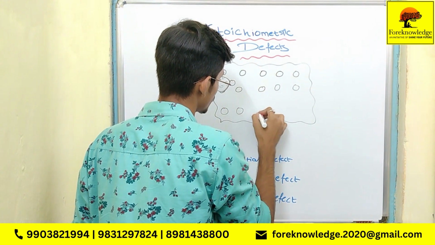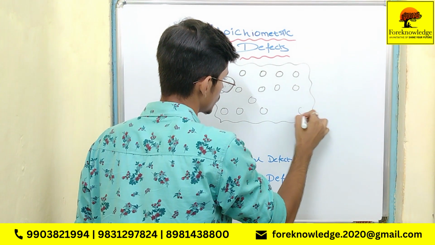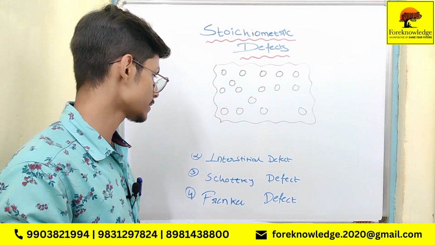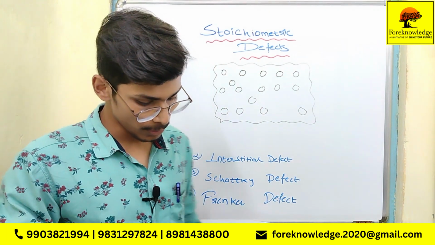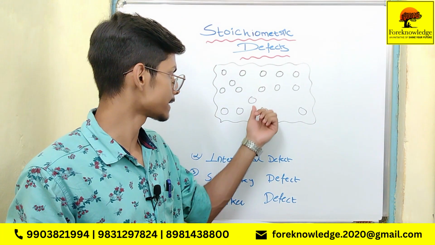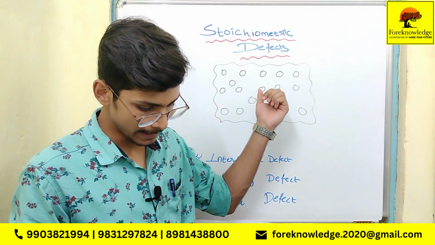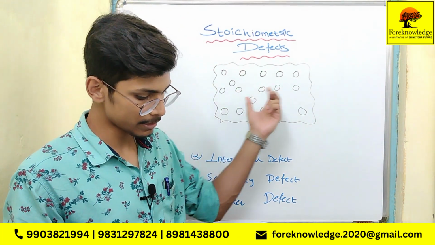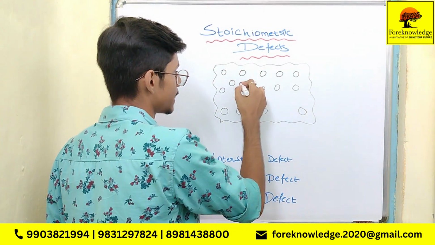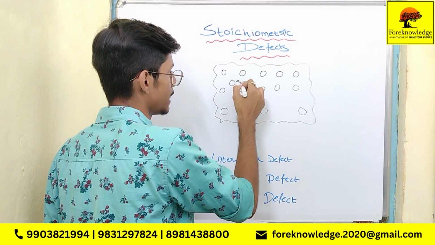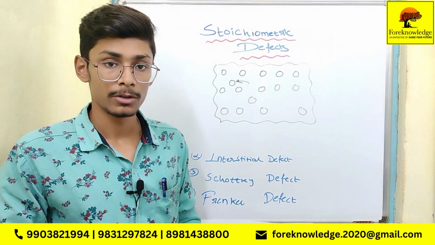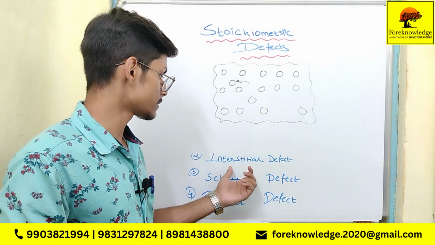Okay. Now, what is interstitial defect? So basically, this occurs when a lattice space gets occupied in an interstitial state. That means it leaves and gets inside in an interstitial state. It gets stuck. Okay, so this is known as interstitial defect.